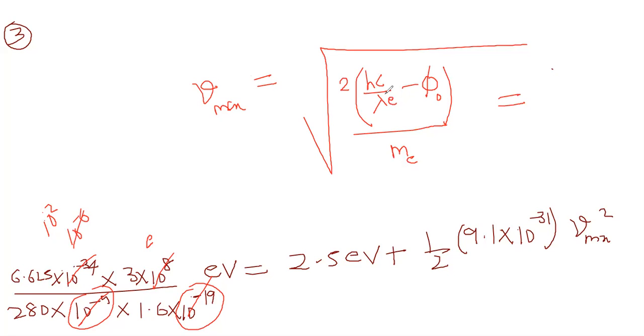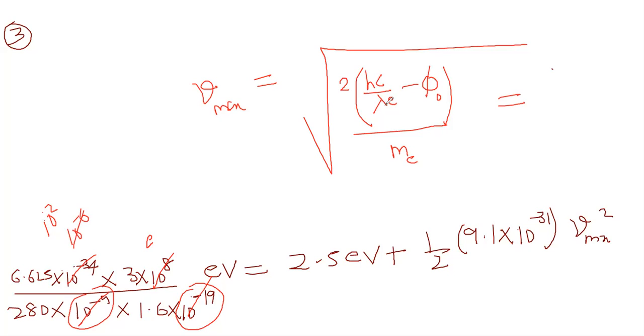I was actually trying to use this formula at first, 2 eV by m. This is root 2 eV by m, right? It's not 2 eV, no, this is 2 times hc by lambda minus phi. This is also there, right? So 2h, hc by lambda.